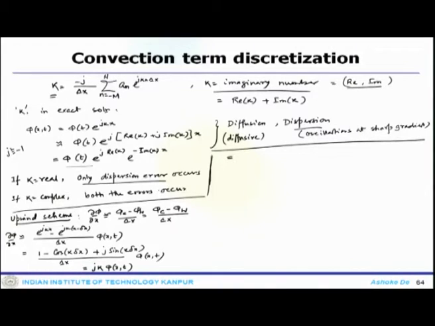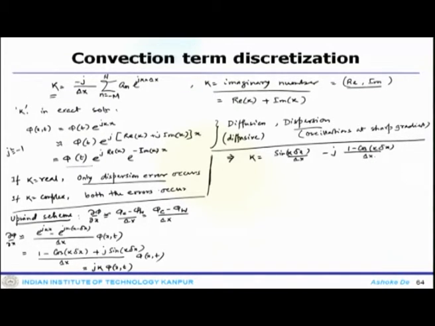From here one can think about k as sin k delta x divided by delta x minus j into (1 minus cos k delta x) divided by delta x.